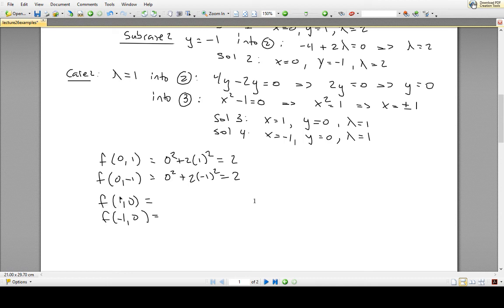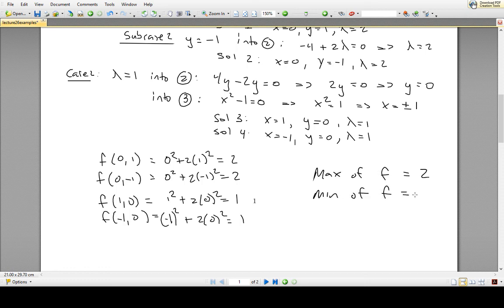If I plug in 1, 0, I get 1 squared plus 2 times 0 squared, which is equal to 1. And if I plug in negative 1, I get negative 1 squared plus 2 times 0 squared, which is equal to 1. So in this case, the max of f is equal to 2, and the minimum of f is equal to 1.